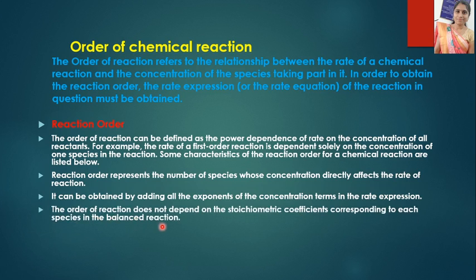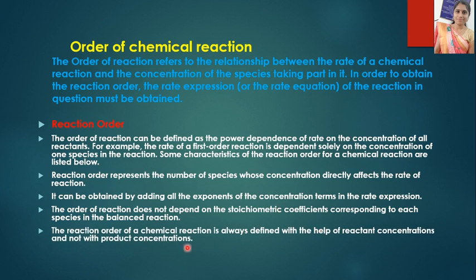And the order of reaction does not depend on the stoichiometric coefficient corresponding to each species in the balanced equation. This stoichiometric coefficient, as we have seen earlier, small a, small b. So order of reaction is independent of these stoichiometric coefficients. The reaction order of a chemical reaction is always defined with the help of reactant concentration and not with the product concentration.